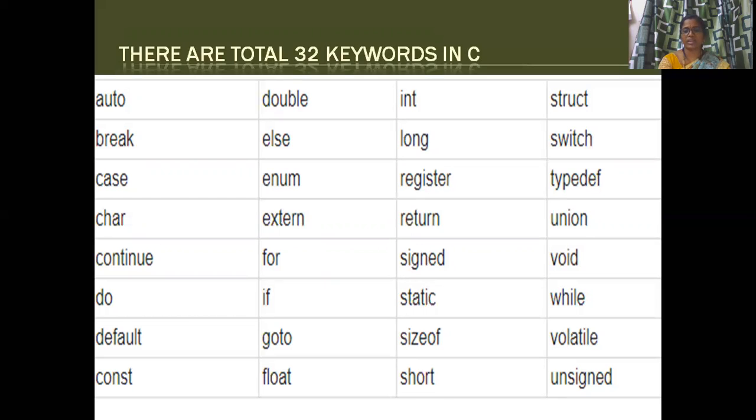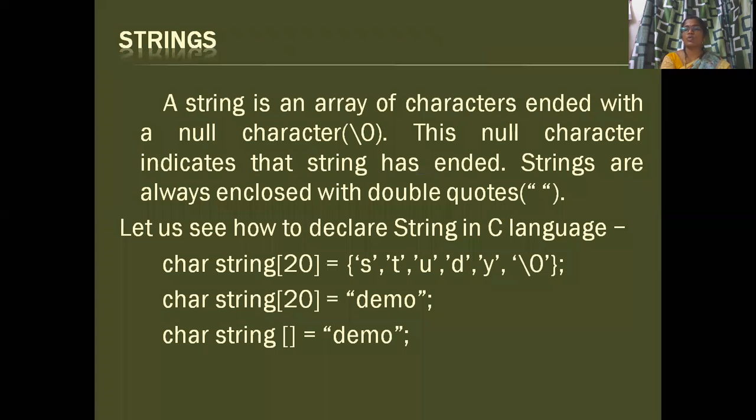Okay, next we'll move on. So strings are the other tokens. Strings are nothing but a set of characters enclosed in double quotes. A name can be written as a string. Here we have used a new word: a string is an array of characters.